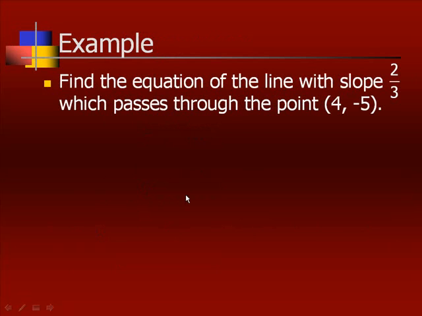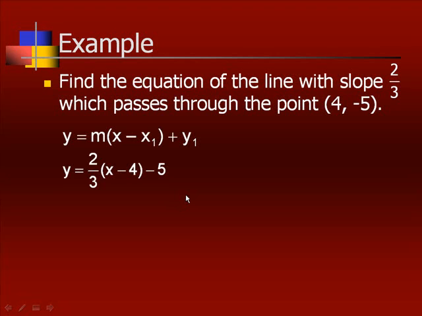So, let's try one. Find the equation of the line that has a slope of 2/3, which passes through the point 4, -5. So, our point-slope form, we write it down. We're going to plug in slope is 2/3, so that goes in for m. We know our given point, this is x1, y1, so we're going to plug x1 in as 4, y1 in as -5.